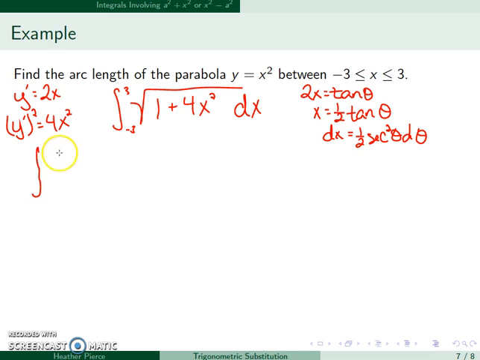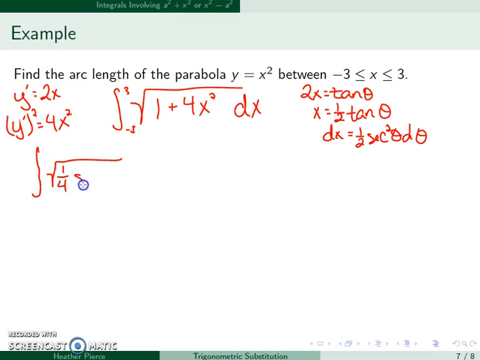So this is the integral of, we have the square root of 1 plus 4x squared, and like I said in the last slide, when I do this substitution of tangent back into the problem, I get a squared secant squared theta. That's a little more complicated with this 1/2, but in general, not really.